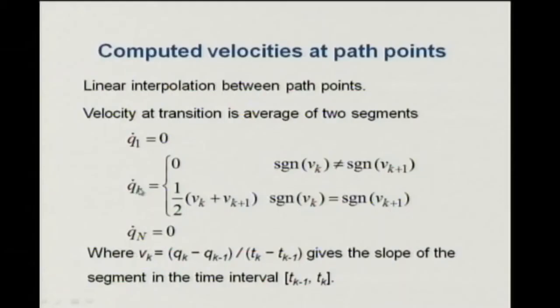Then you start from the first velocity being at rest. For the second one, if both segments are going up, then you take the velocity as the average of the 2 segments. If the velocities in the 2 segments are of opposite sign, then at the interface you take the velocity to be 0.